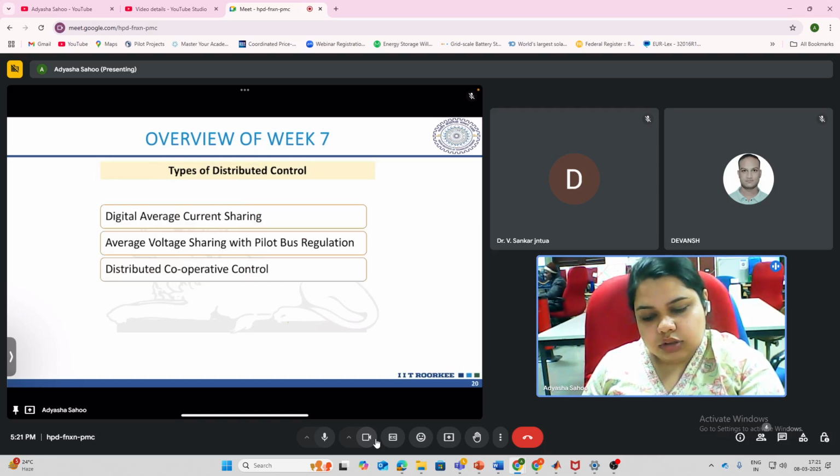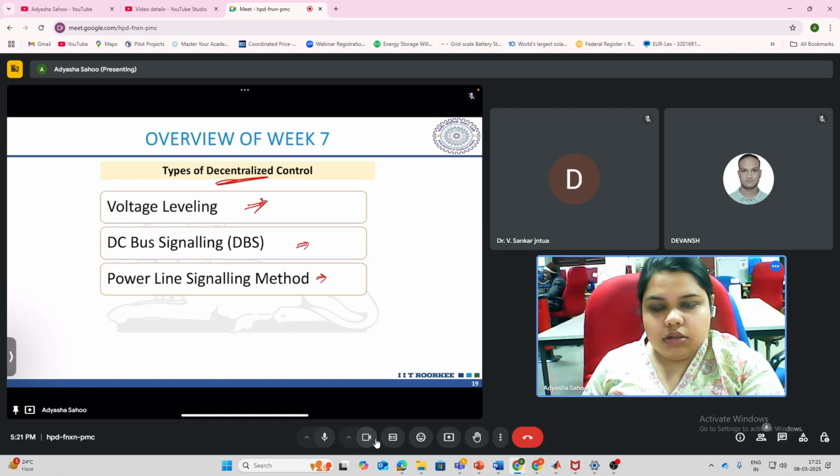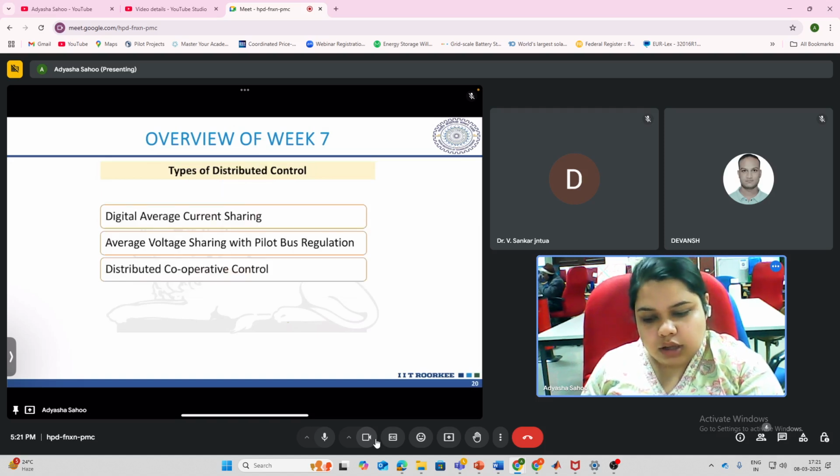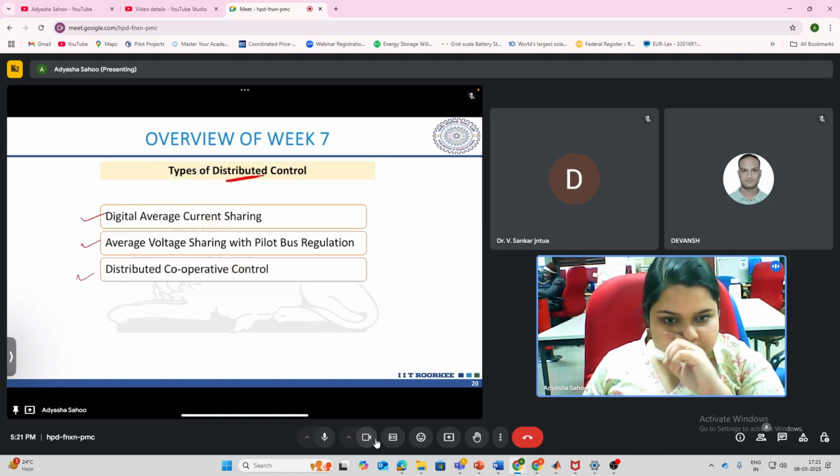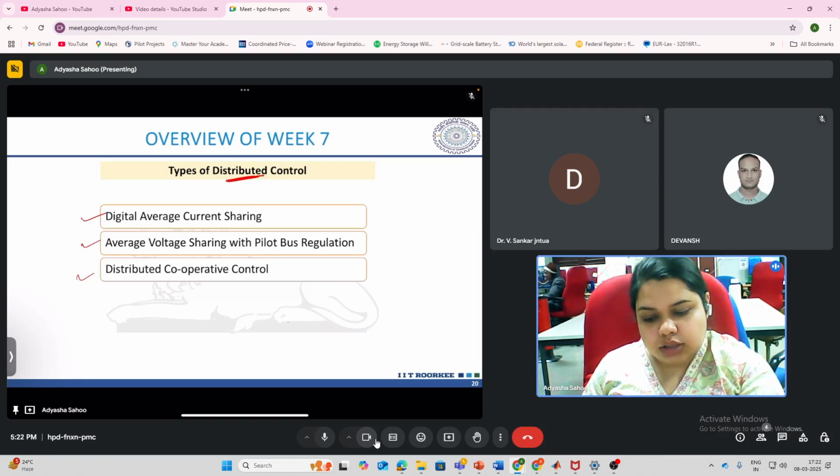Then you have various types of distributed control. Remember again, decentralized control means there is no direct communication here. In the distributed control, the types depend upon what information you are sharing. If you are sharing the average of the current, it is the digital average current sharing method.